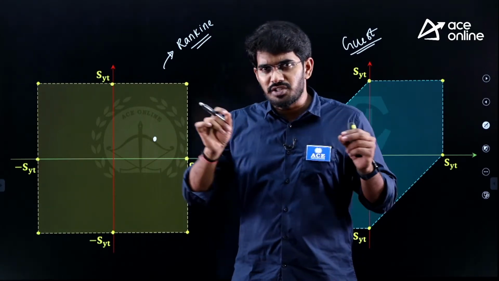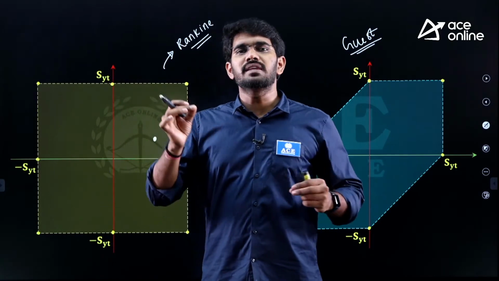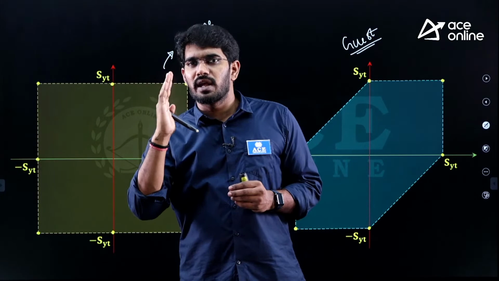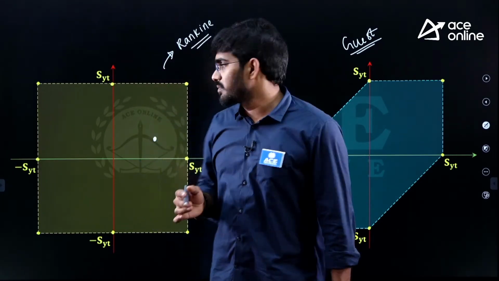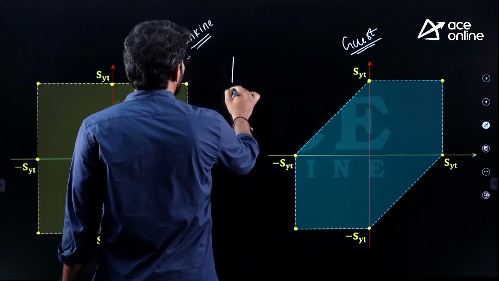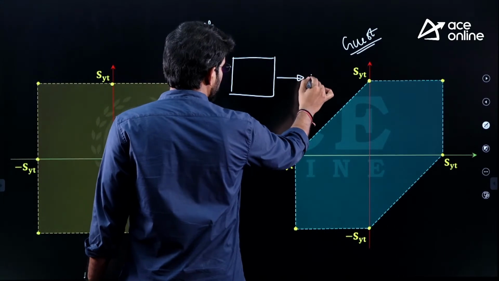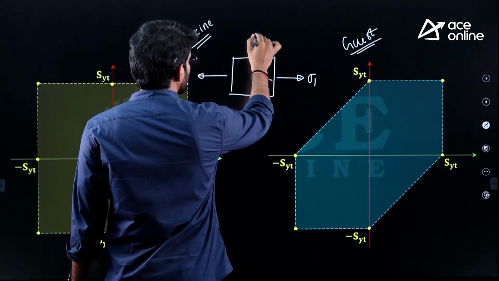As we are reaching these values, as we are applying load, we apply it in such a way that the ratio of the stress on the x plane, that is in the x direction, and in the y direction remains the same. Here, this is the particle; let me assume this is sigma 1, and this is sigma 2.